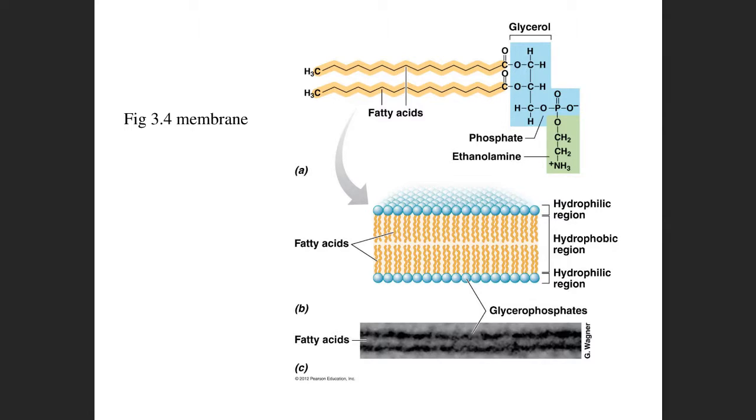Now the question here is, what kind of microscope is used to see the membrane structure? Anyone want to chime in? Light microscope, fluorescent microscope, atomic force microscope, transmission electron microscope, scanning electron microscope.